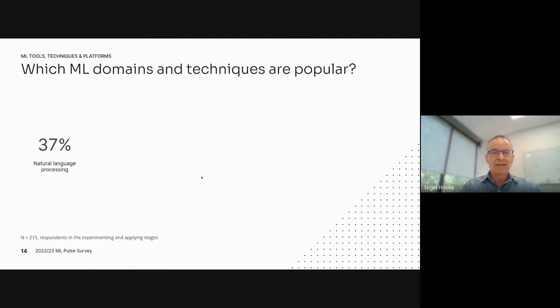This is an area that's undergone a revolutionary change in recent years due to pre-trained language models, which have really boosted accuracy and enabled realistic text generation. As a percentage in our surveys, NLP's popularity hasn't changed significantly since our previous survey, but the previous front runners have declined in their share, and NLP has held its popularity.